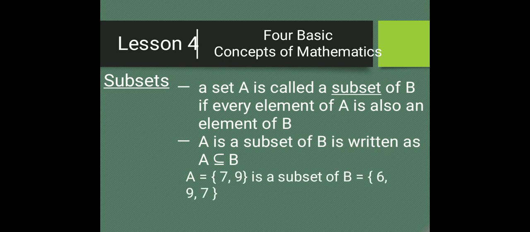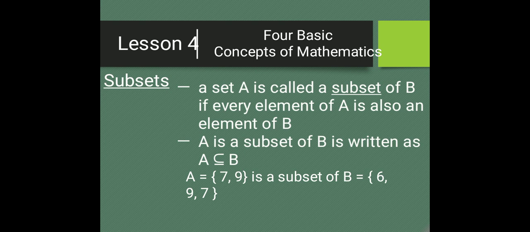Say for example, A is equal to 7, 9, a subset sa set B which contains 6, 9, and 7. Again, set A is considered to be subset of B kapag lahat ng element ni A is andun kay B. Okay, let's check.